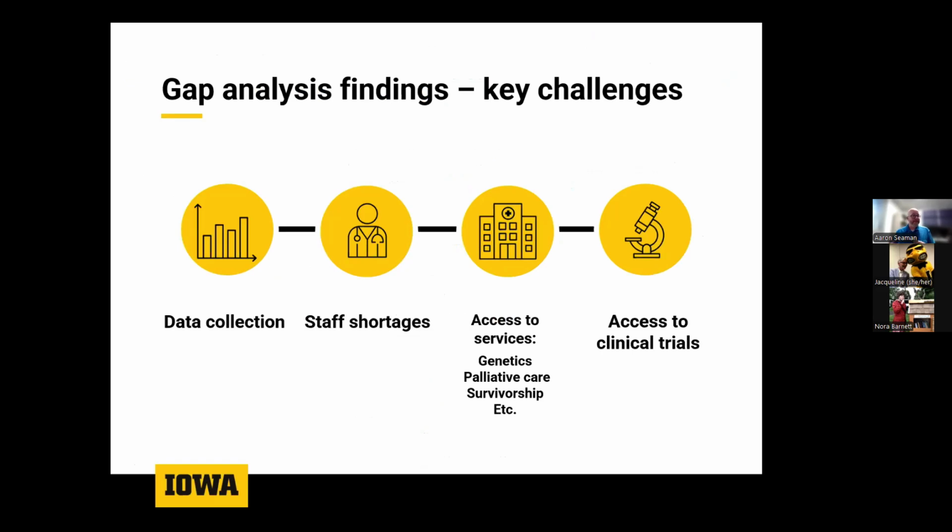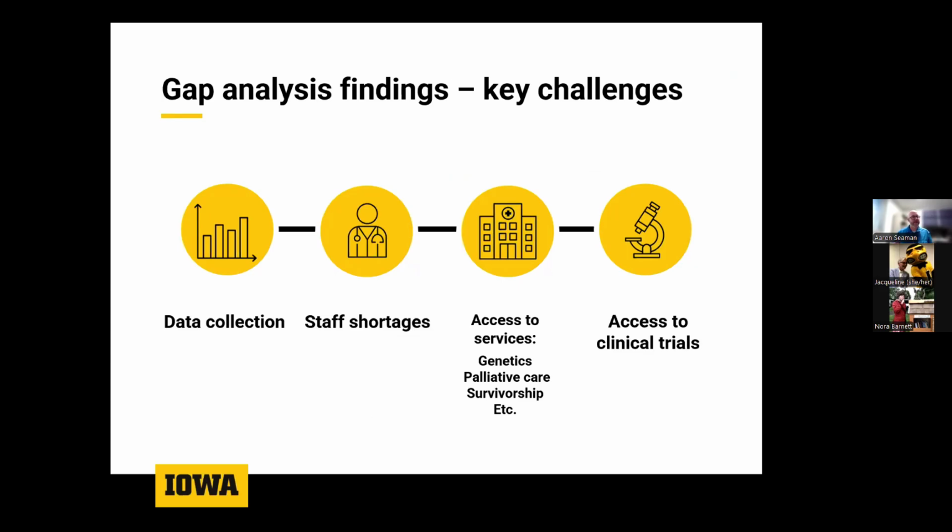So our gap analysis findings were that the key challenges initially were data collection, which was a big one. Very few data collection protocols were in place at the hospitals we worked at. There were a number of staff shortages across the 5 years.